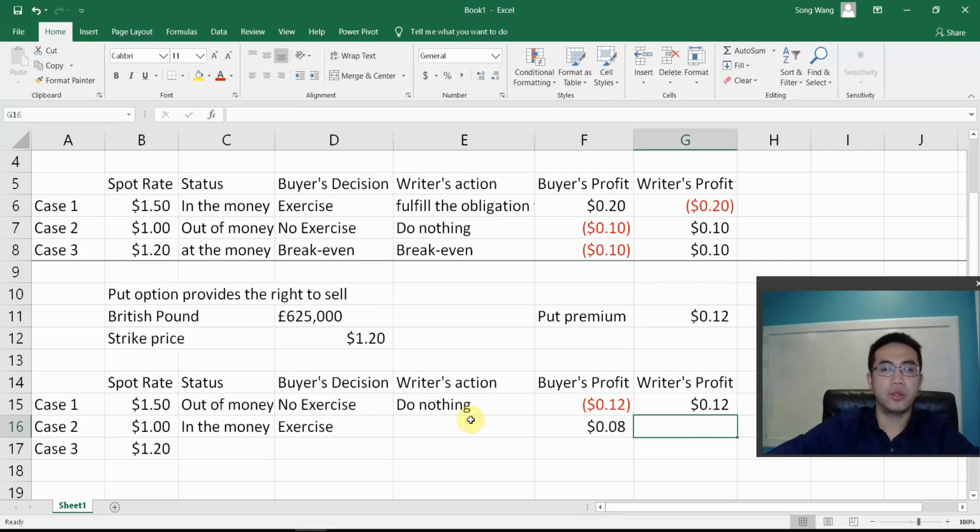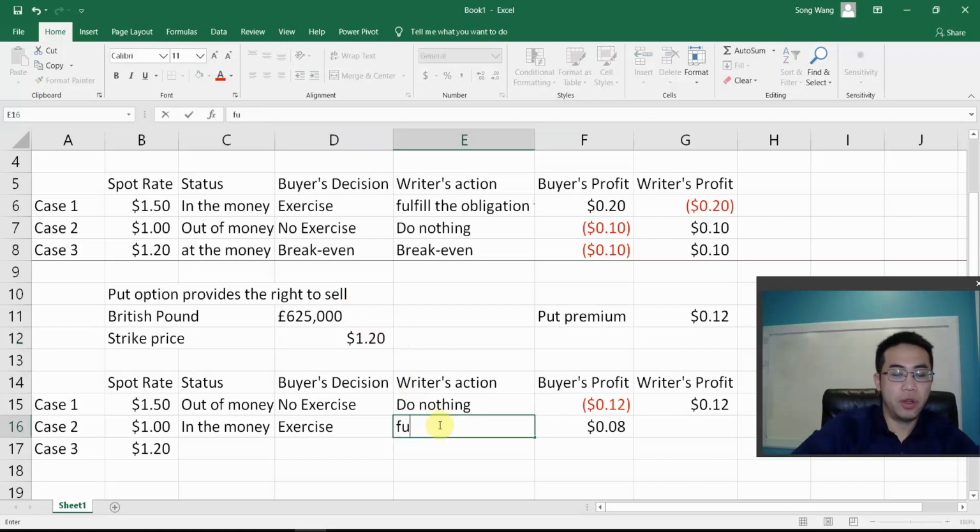But I do want you to know what's the writer's action in this regard. So when the buyer exercises the put option, the buyer will sell at 1.2 to the option writers. So the option writers would fulfill the obligation to buy at the strike from the buyer.